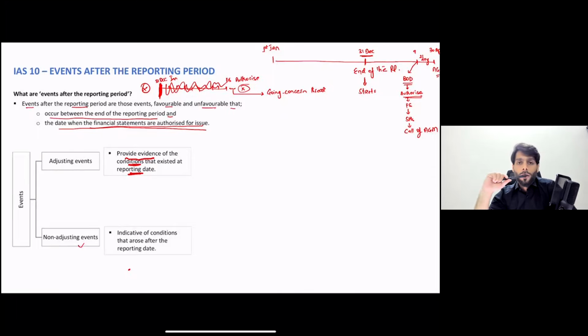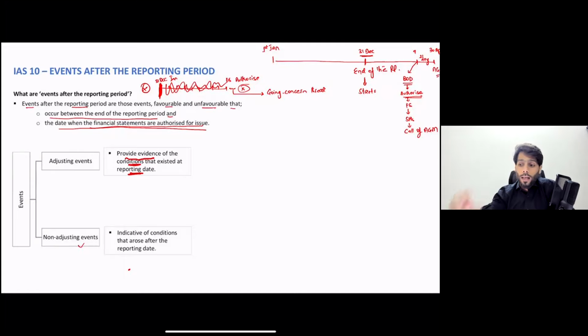Now, for example, many of you, if you're following the Pakistan economy nowadays, in 2022, Pakistan had an economic imbalance. And after 31st December, the end of the calendar year, a certain event can happen which leads to further banning of imports in Pakistan, or maybe some going concern risks may arise, or your customer may go bankrupt after 31st December, but the situations were already known at the end of the reporting period.